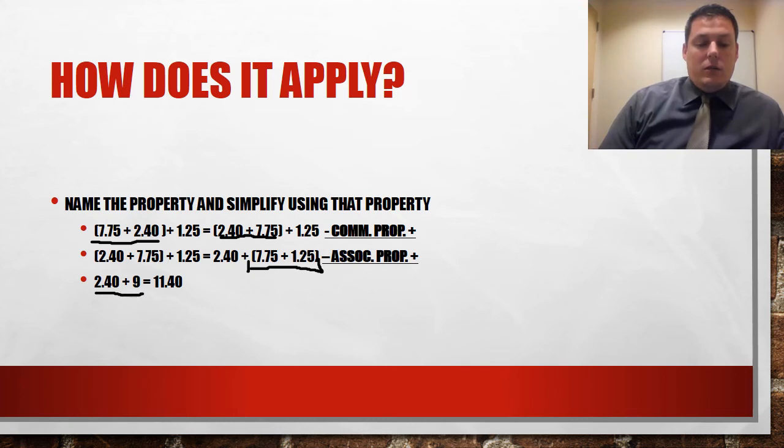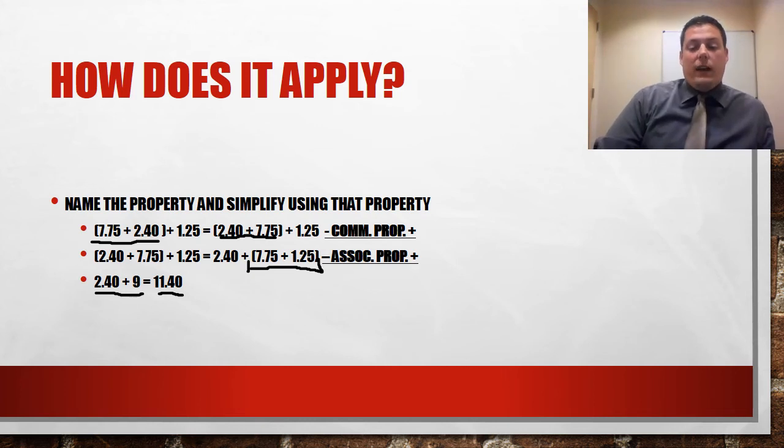So now I can do this a little more easily in my head, which is 11.4. And I know you're all thinking, can't I just punch that in my calculator? Why do I have to switch all this stuff around? Well, when we start dealing with variables, you're not going to be able to punch letters into your calculator because your calculator is not going to understand them. So we need to understand these properties to make equations look easier when we're dealing with variables.